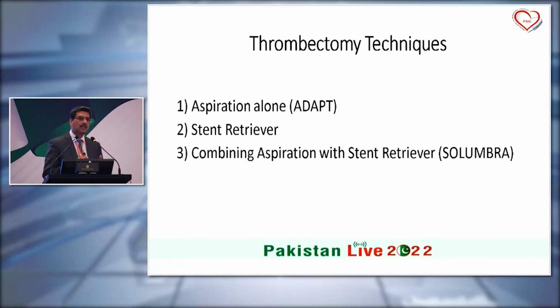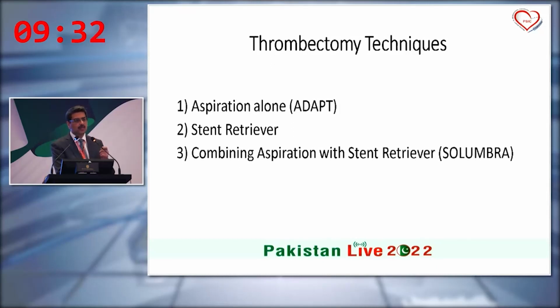Here, the difference from the coronary is that in coronary, we mostly have an underlying stenosis as well. There's a thrombus and there's a stenosis in primary PCI, so we have to remove the thrombus and deliver a stent there. But in the majority of stroke patients, there is no underlying stenosis. We have 10 to 15% cases where we have an underlying stenosis as well, but in the majority of cases, it's just the thrombus that needs to come out.